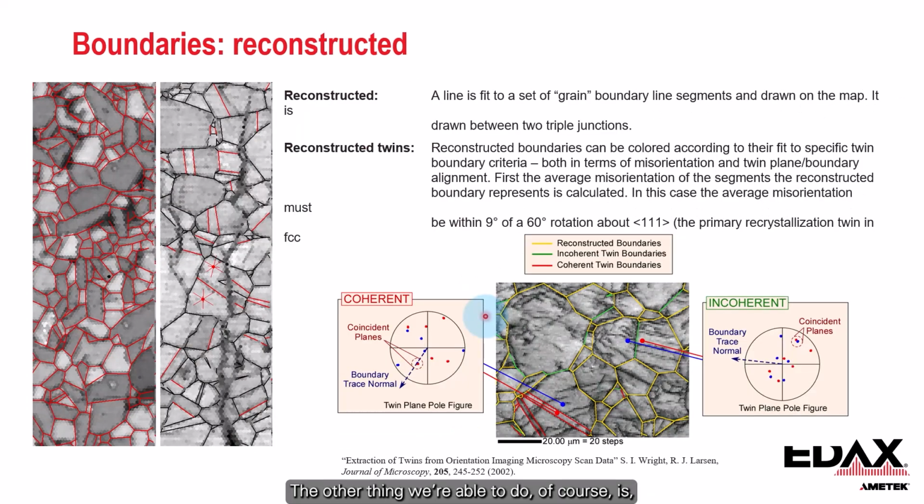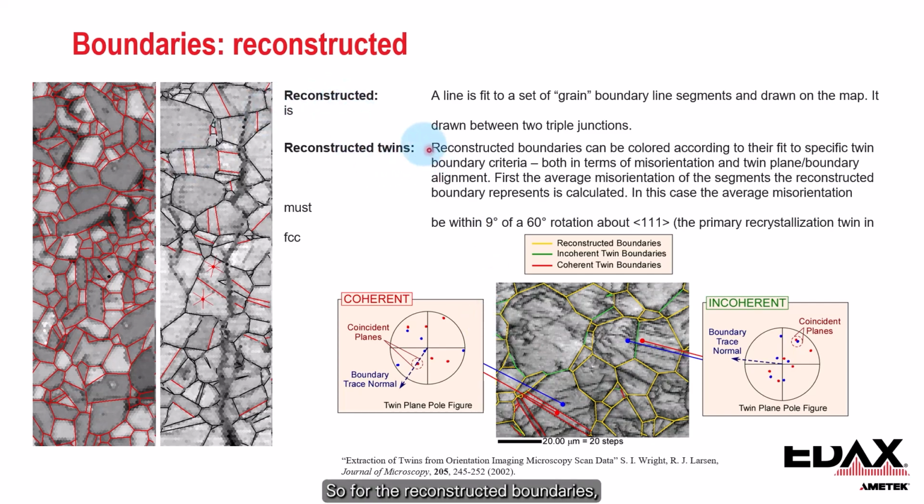The other thing we're able to do, of course, is we measure the data on a grid. We can fit what we call reconstructed boundaries to fit line segments to the measurement. So it's able to minimize the effects of measuring on a grid. We do this in two different ways: reconstructed boundaries and reconstructed twins.